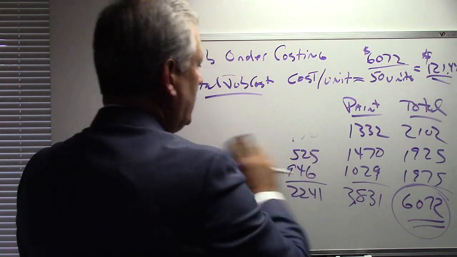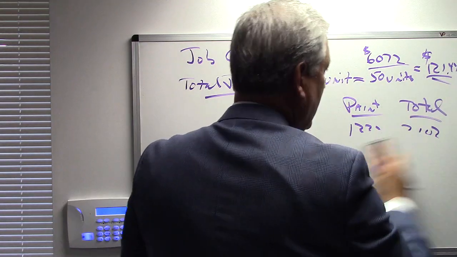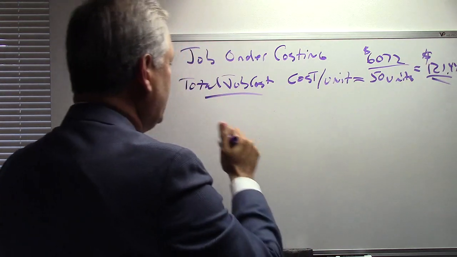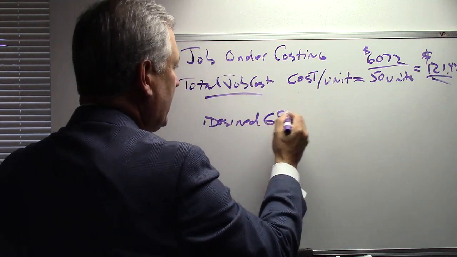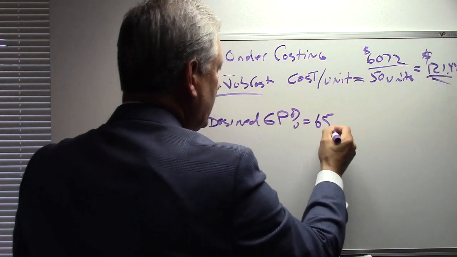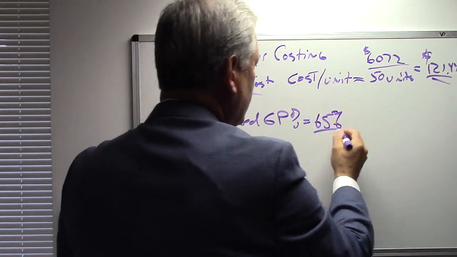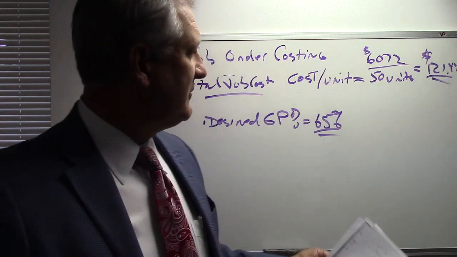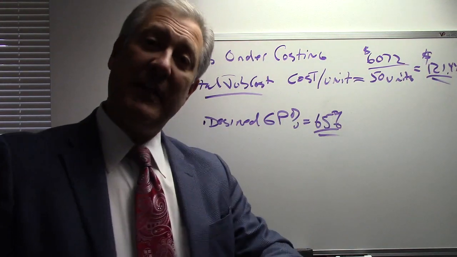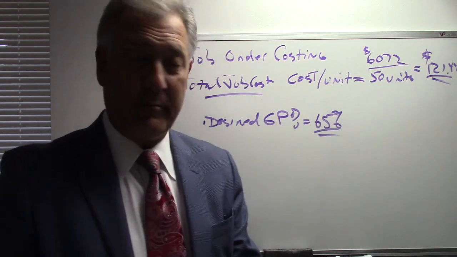And again, I added this to the problem, and I said the desired gross profit percentage is 65%. So if the company has a desired gross profit margin of 65%, that means that their cost percentage is going to be 35%.